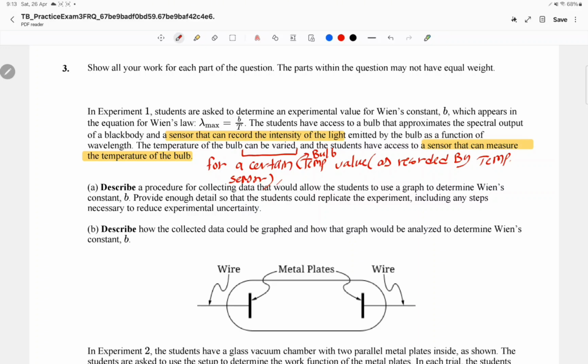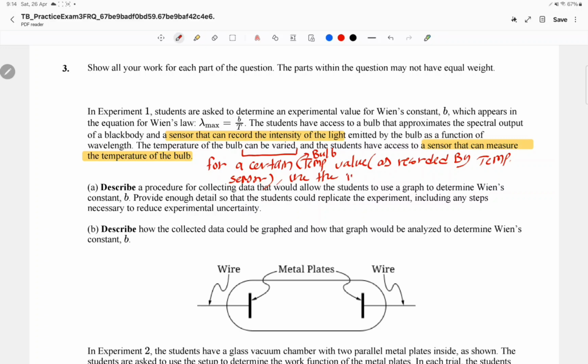They have access to a bulb that approximates the spectral output of a black body. Okay, so for a certain bulb temperature, you're going to get a different bulb intensity, basically.